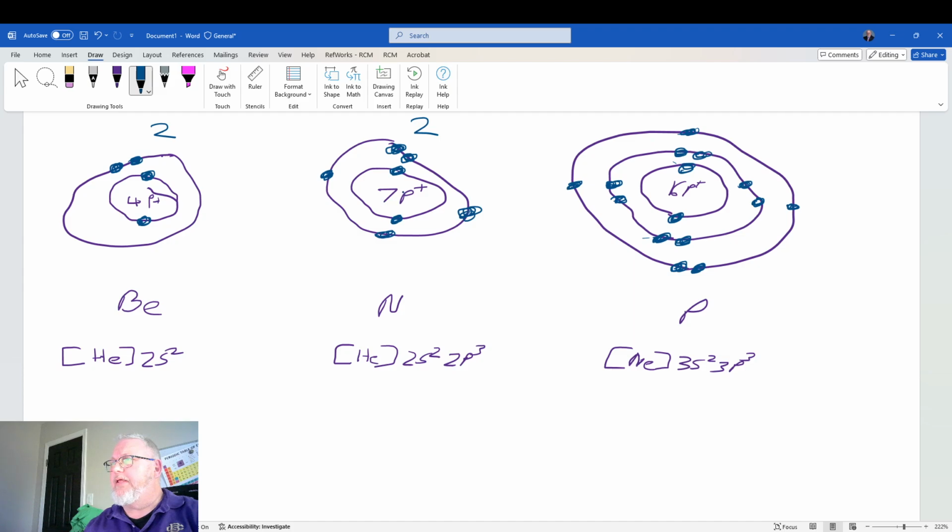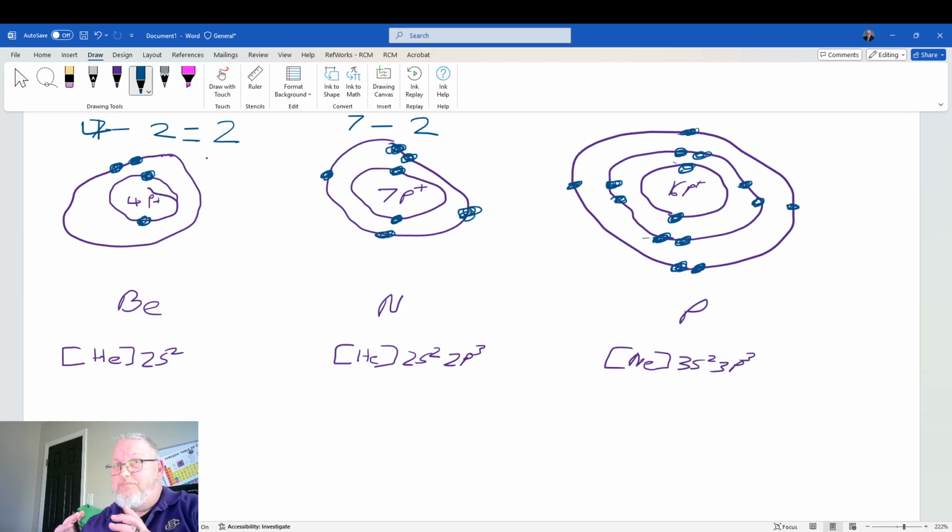Okay, and then how many positive protons do I have? I've got 4 right there, and I'm going to subtract those 2 from there. So my effect on these 2 valence electrons on beryllium is a 2. There's only a positive 2 influence.